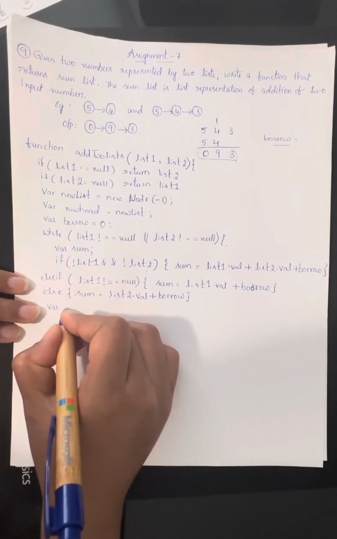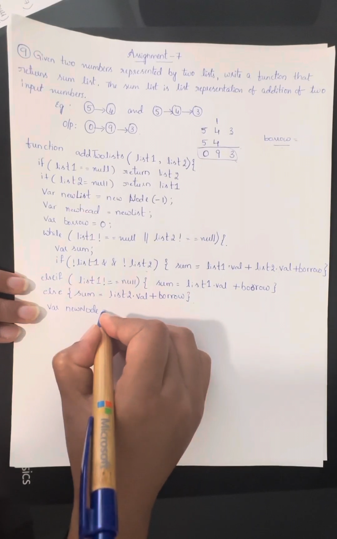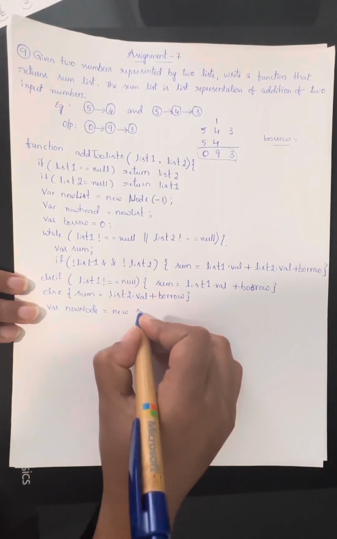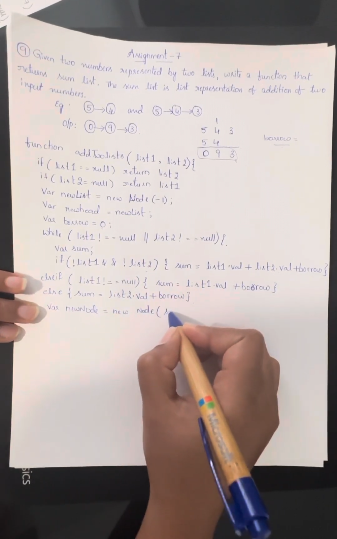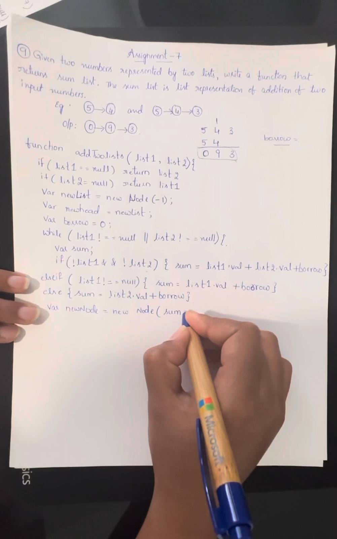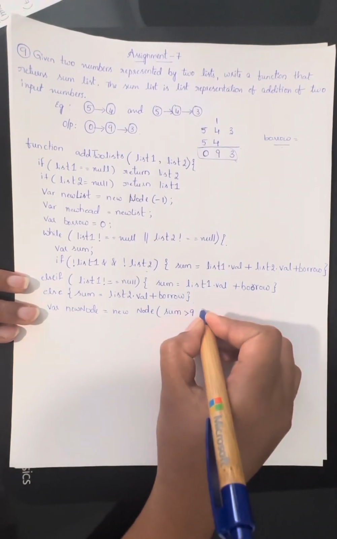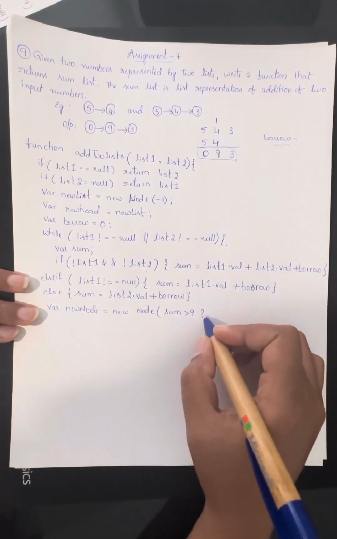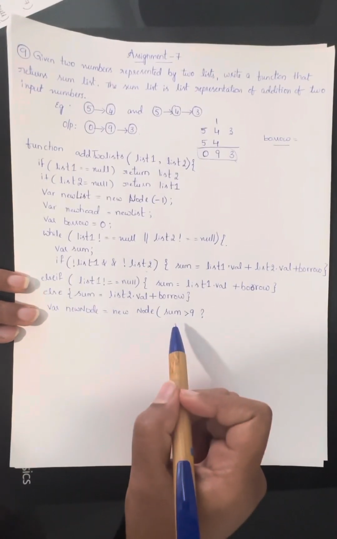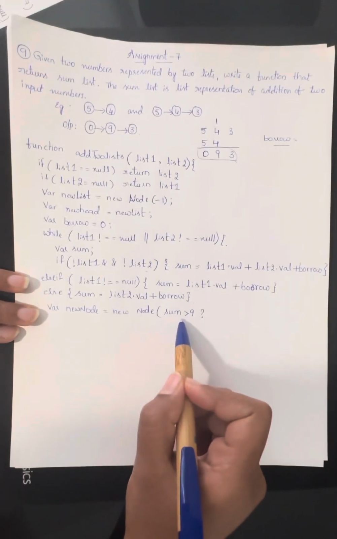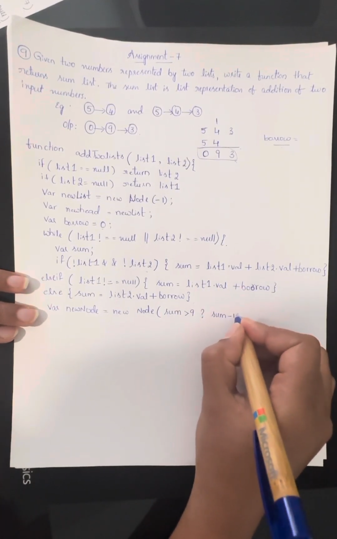Now I'm going to create a new node whose value is equal to the sum, but we need to check if this sum is greater than 9. If the sum is less than 9, we just add the value of this sum to the new node. But if it is greater than 9, then we make sum minus 10.